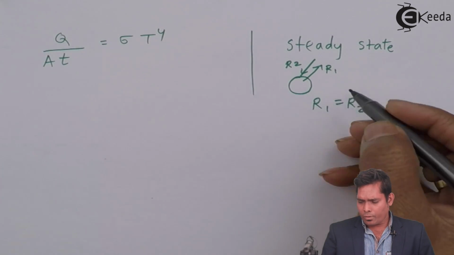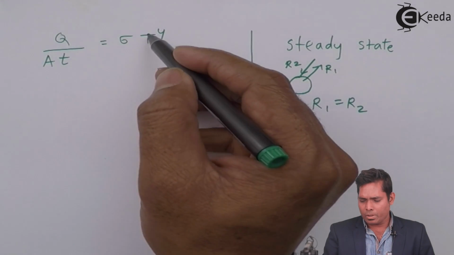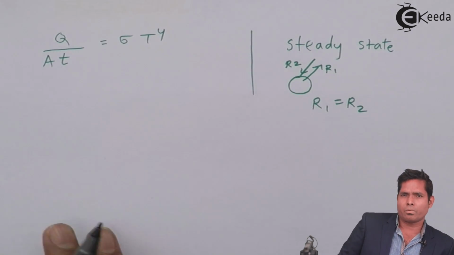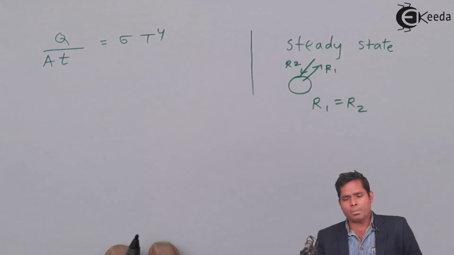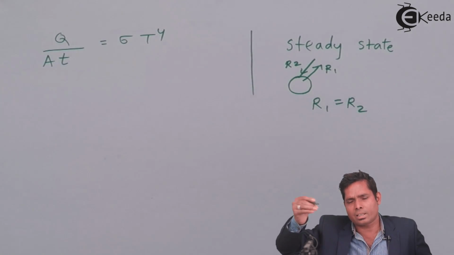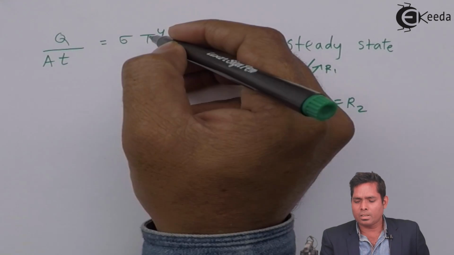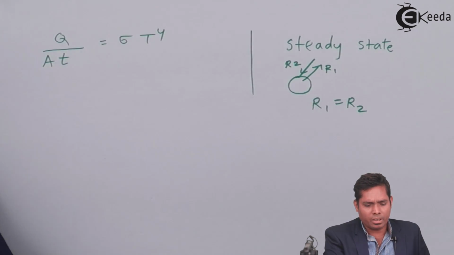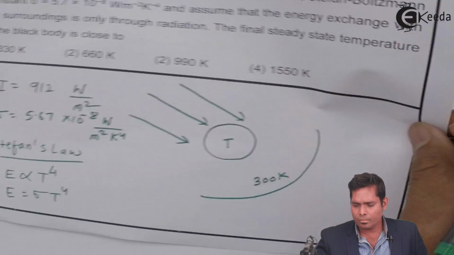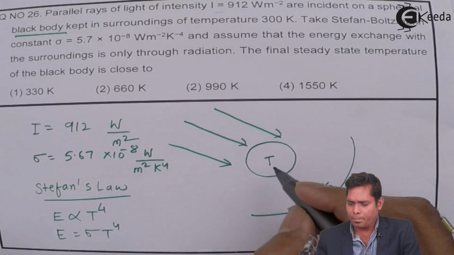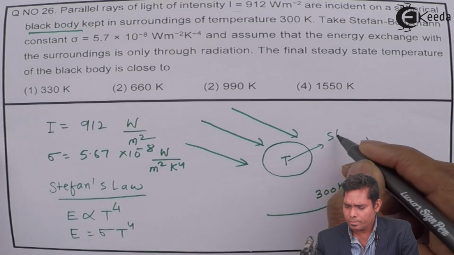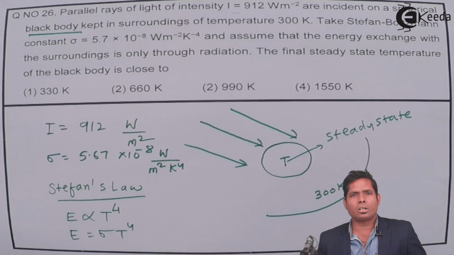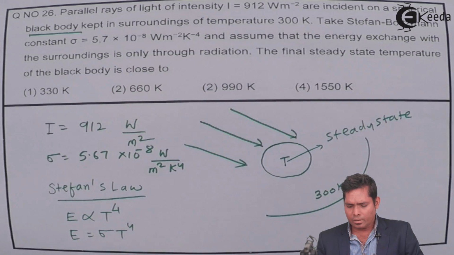The rate of emission depends on the final temperature of the body. Whenever that final steady state is achieved, the temperature is T. So this temperature T is the temperature of the steady state.